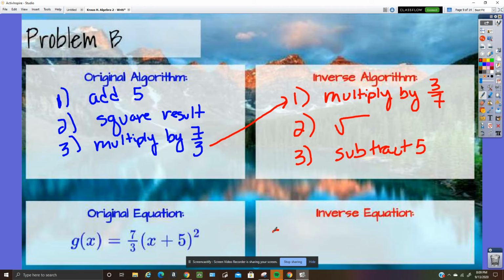So the inverse of g of x, g inverse of x, will be 3/7 x, and then take the square root, and then subtract 5.